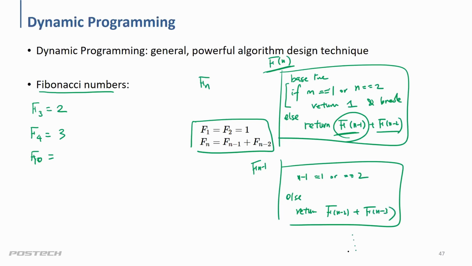It's going to repeat. Same for f n minus 2: check whether n minus 2 is equal to 1 or 2. Else, return f n minus 2 plus f n minus 3.